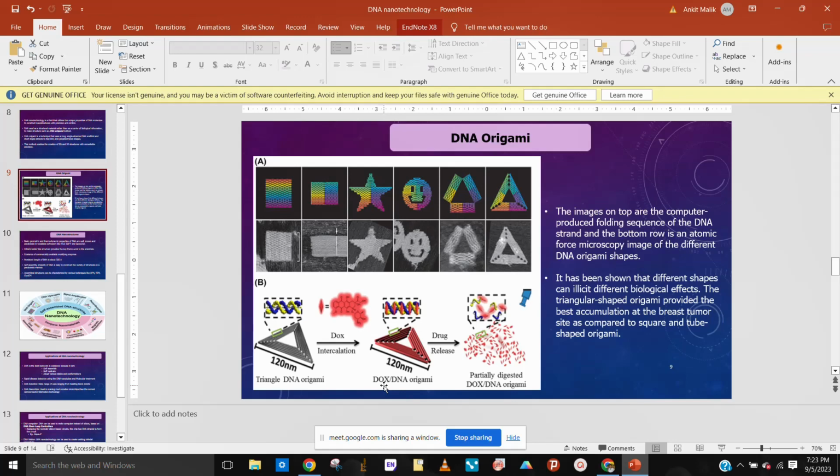They conjugated the DNA origami with doxorubicin, which increased its biocompatibility and efficacy. Then the doxorubicin is partially digested in the DNA origami. By this mechanism, it is targeted to breast cancer. In this way they have treated the breast tumor using this DNA origami.